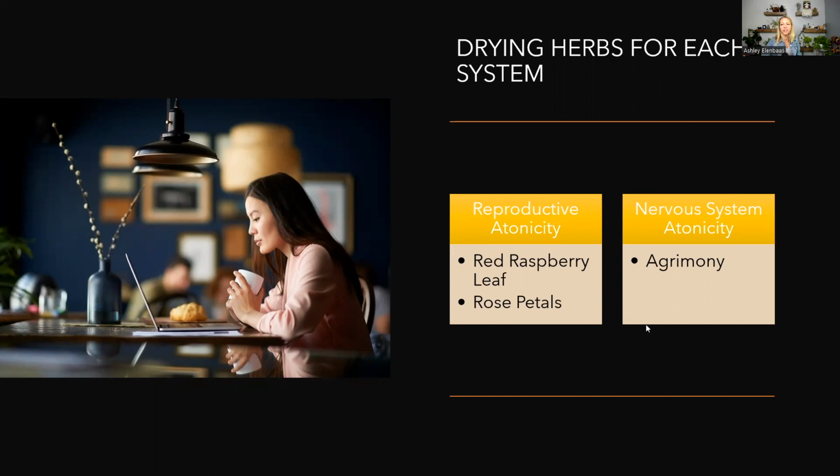And for nervous system atonicity, I was thinking about this one, maybe for the emotional part where there's a lack of boundaries. Agrimony is one of my favorite tonifying boundary keeping plants. And Matthew Wood, one of my teachers, who I probably mention all the time in these classes, talks about it being asshole repellent.